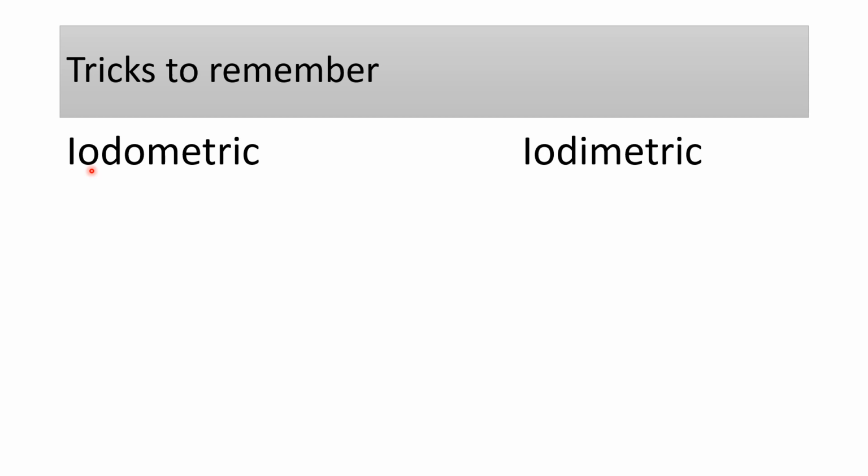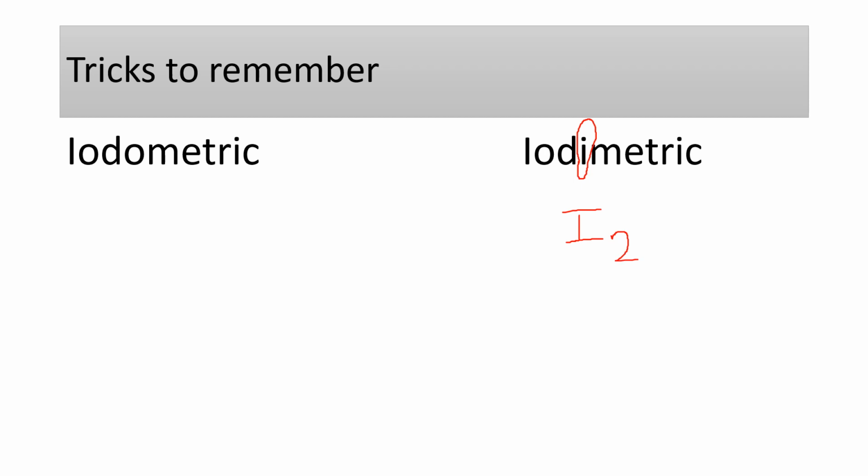So how to remember iodometric titration? Iodometric titration is where you produce I2 in the solution. And iodimetric titration is where, see, this is I. So remember I2 is there in the burette.